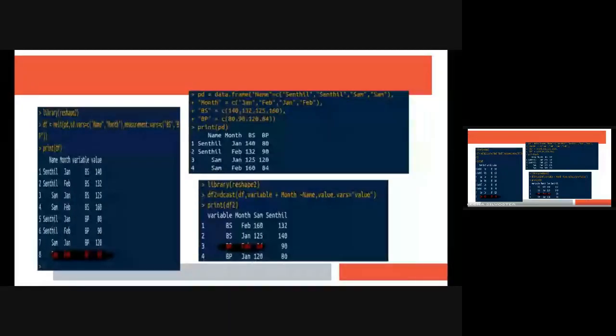What is the BP of Senthil? For Senthil, it is 90. So 90 is written here. Similarly, fill the last column.